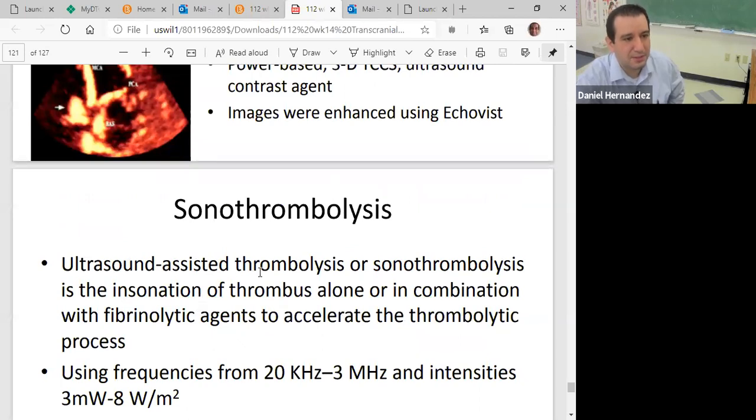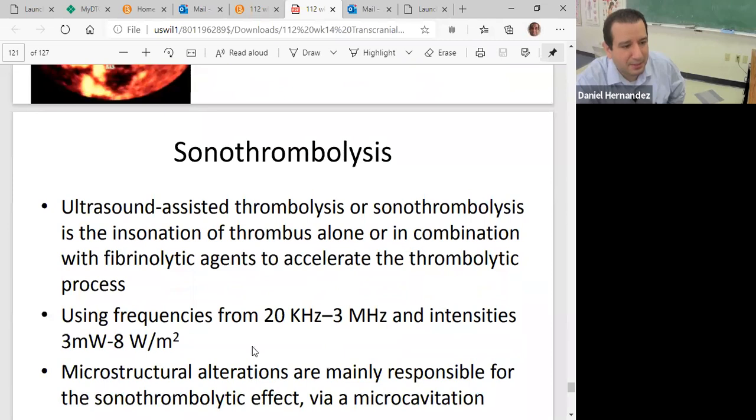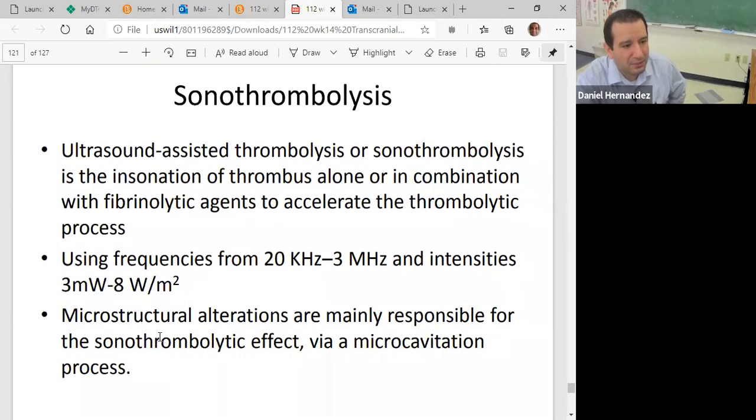So ultrasound assisted thrombolysis, or sonothrombolysis, is the insonation of thrombus alone or in combination with a fibrinolytic agent to accelerate the thrombolytic process, using frequencies from 2 kilohertz to 3 megahertz and intensities within the 3 milliwatt to 8 watt range.